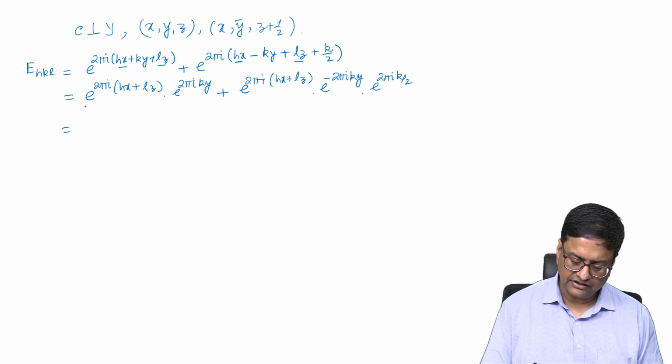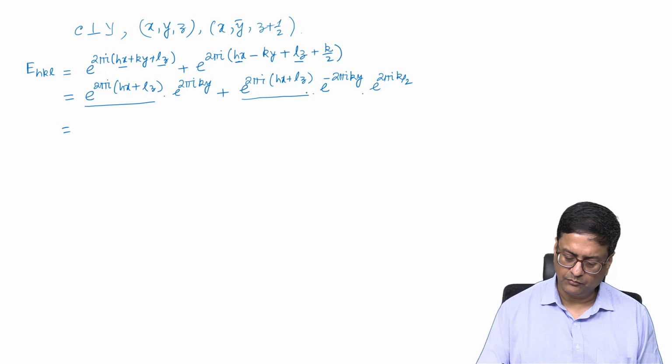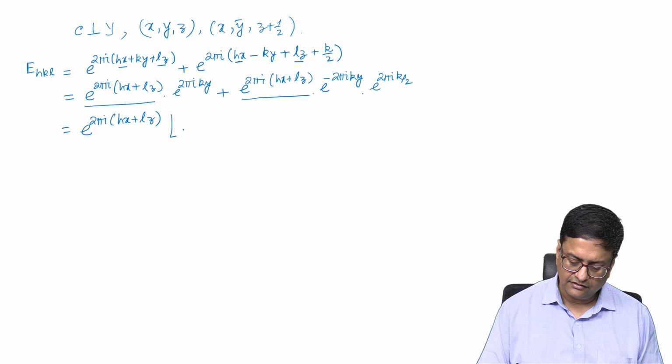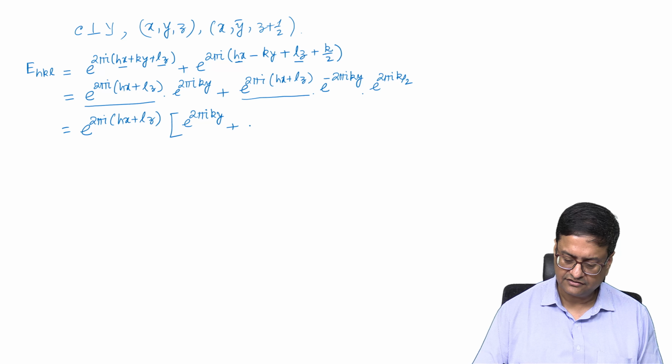Now we have this first term common in both, so we take it out. Then we are left inside with e to the power 2 pi i k y plus e to the power minus 2 pi i k y into e to the power 2 pi i k by 2, which turns out to be pi i k.